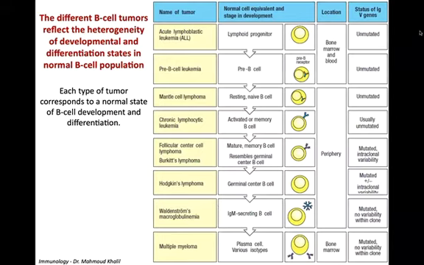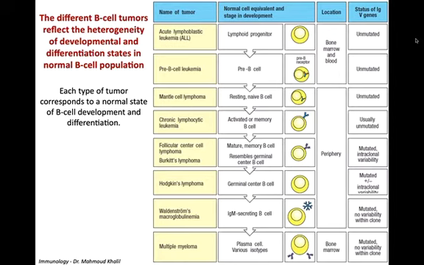So you can see here that any abnormality will lead to different types of B cell tumors. These different B cell tumors reflect the heterogeneity of developmental and differentiation states in the normal B cell population. So you can see from the table that each type of tumor corresponds to a normal state of B cell development.